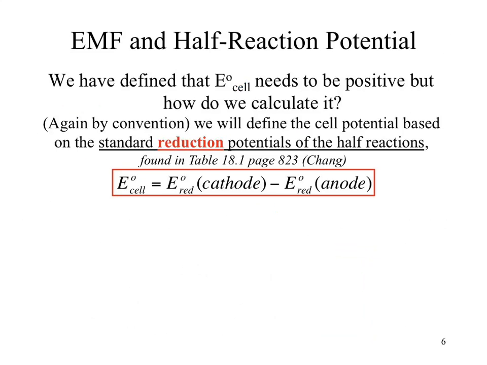Our minus sign came in the flip of the equation. The reason I don't like this formula is I'm not very good at memorizing what happened at the anode and what happened at the cathode. As much as I might preach red cat and an ox, it takes me too long to think through that. I'd rather just flip the equations, balance them out, and make sure it works.